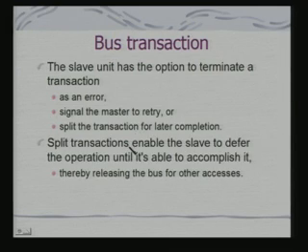Now, split transactions enable the slave to defer the operation until it is able to accomplish it, thereby releasing the bus for other accesses. Okay. So, what does split transaction really mean?